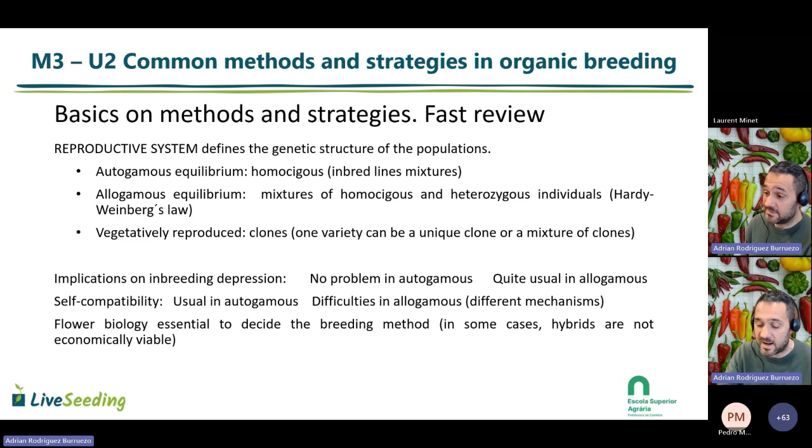Okay, and I'm saying all of this, and you will see it in the examples of Pedro and Barbara, because in summary, flower biology is essential to decide the breeding methods.